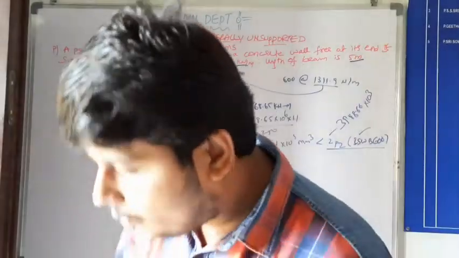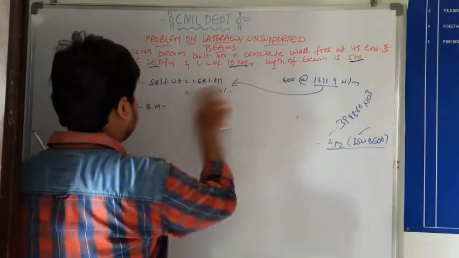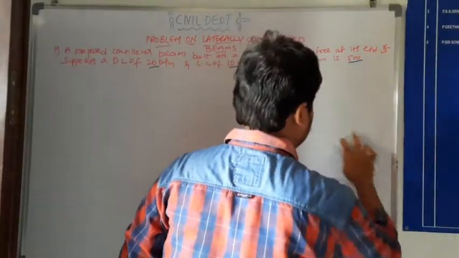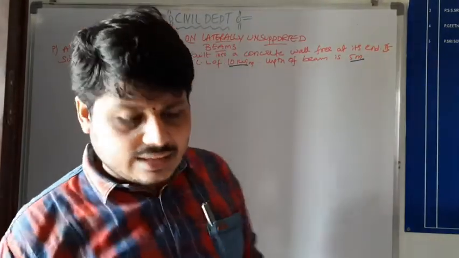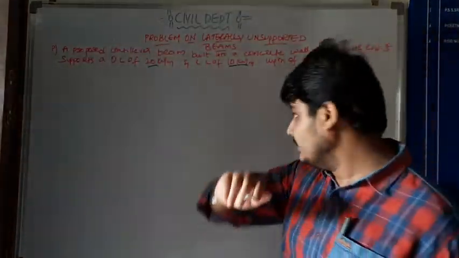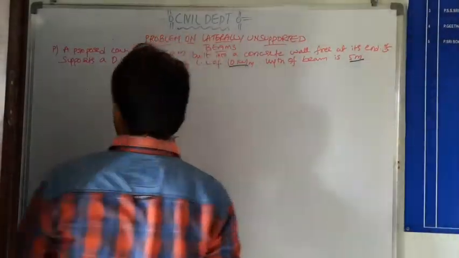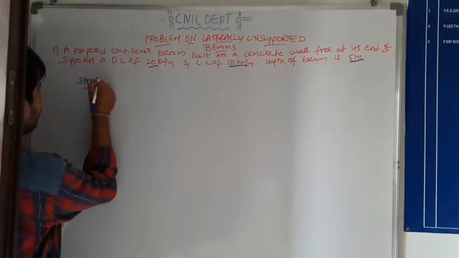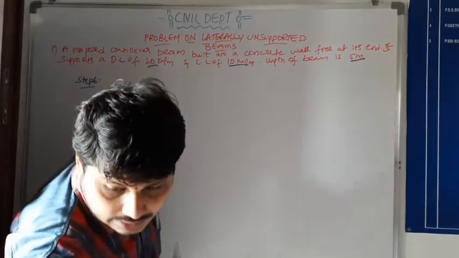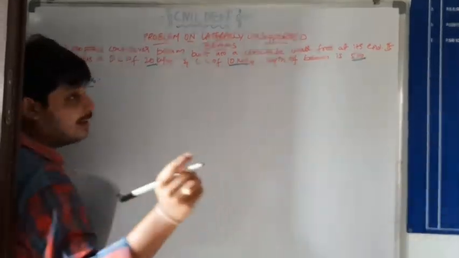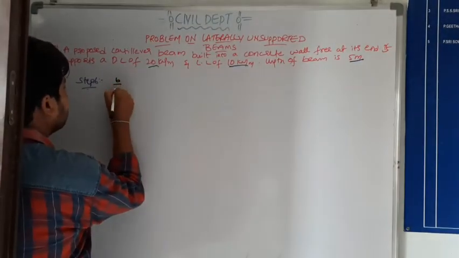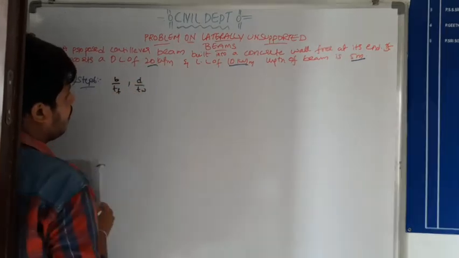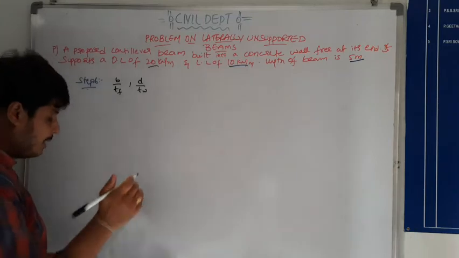Now step 6 is the same. Step 6 is section classification, B by TF and D by TW.